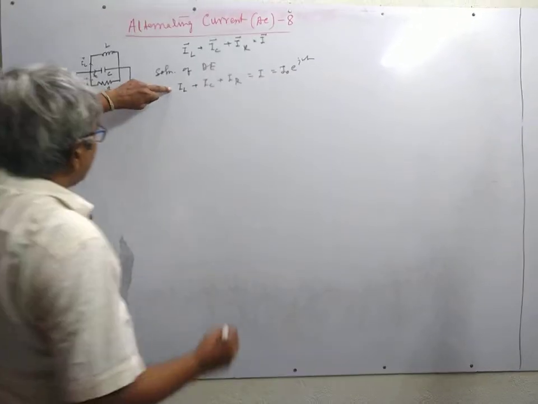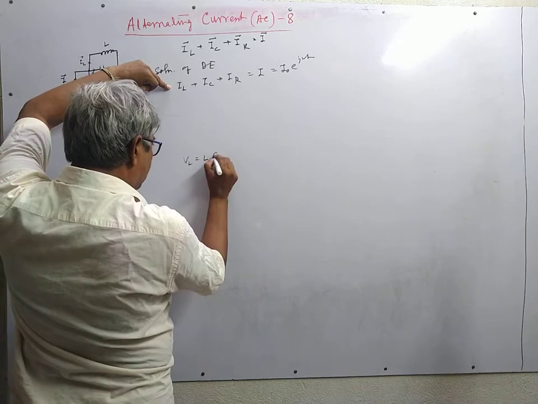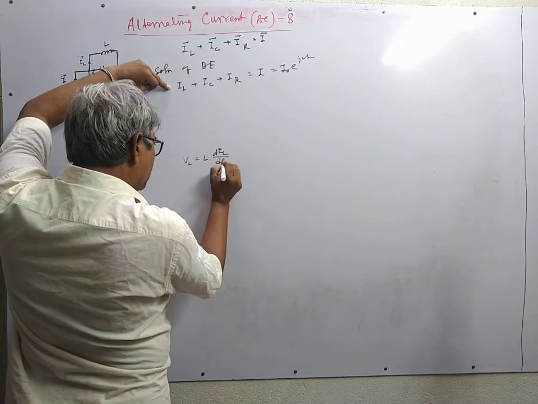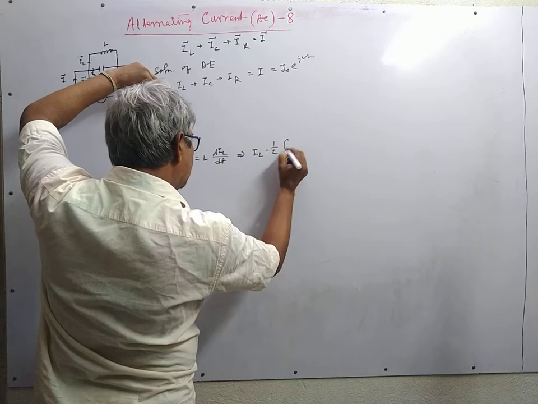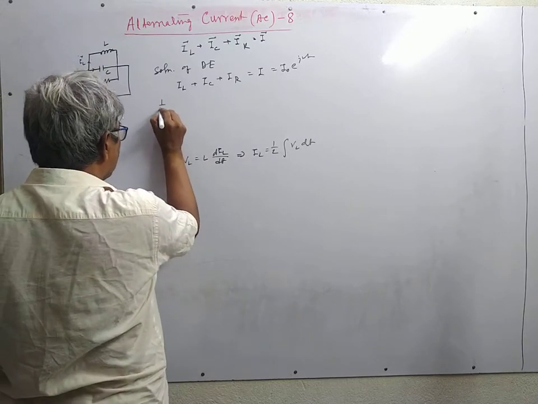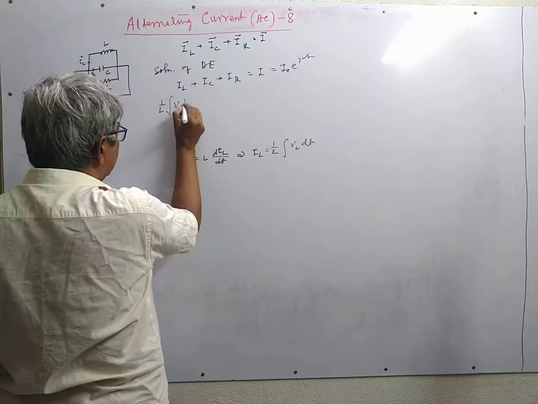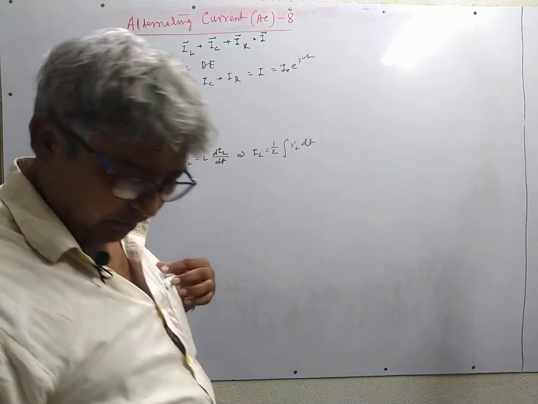Now for the inductor we know that V_L is equal to L dI_L/dt, which leads to I_L equal to 1 upon L integral of V dt. This is the same V because the elements are connected in parallel.